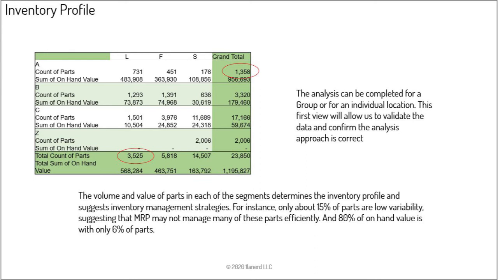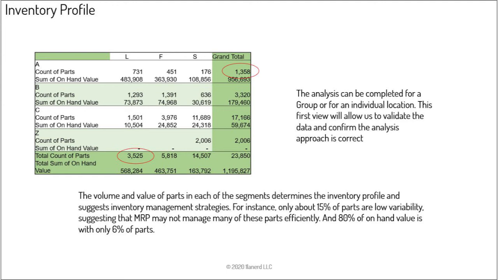The other thing that we can tell by looking at this data set is that only 6% of the parts, 1,358 parts, make up 80% of the value. That tells us that we have some very high value parts, and it's not that many we have to manage in order to manage that 80% of spend or of our usage over time.